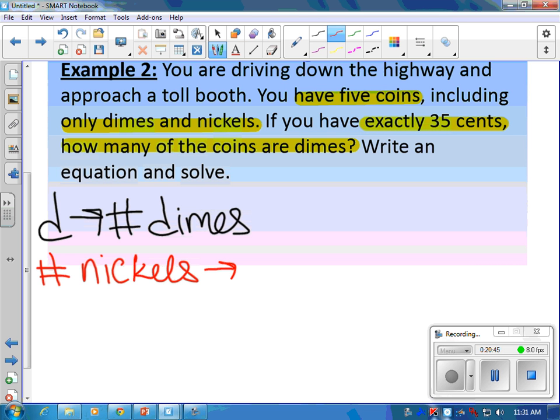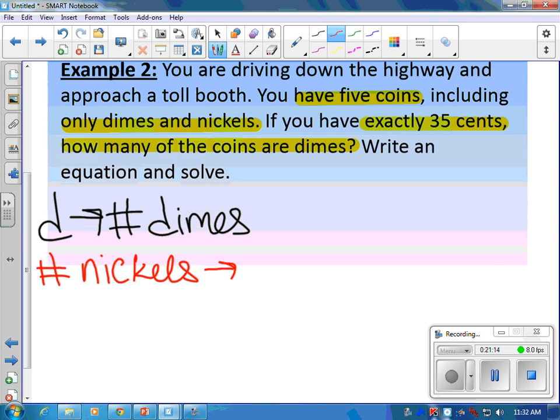Joe, you're saying 4. Why are you saying 4? Because we have 1 dime and we have to go with 5 minus 1. Okay, I want to use this reasoning for right now. Because the 35 cents is going to come into play later, but if we know that we have 5 coins, and one of them is a dime, Joe says that 5 minus 1 tells me I have 4 nickels. So 1 dime, 5 minus 1 gives me 4 nickels.